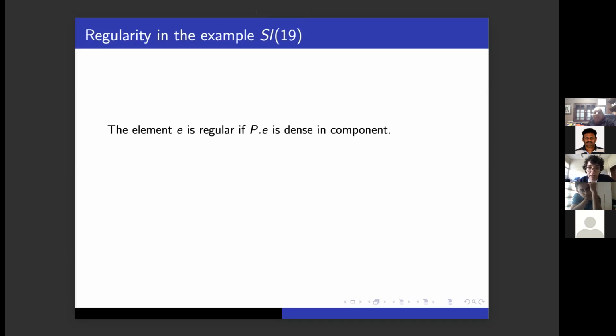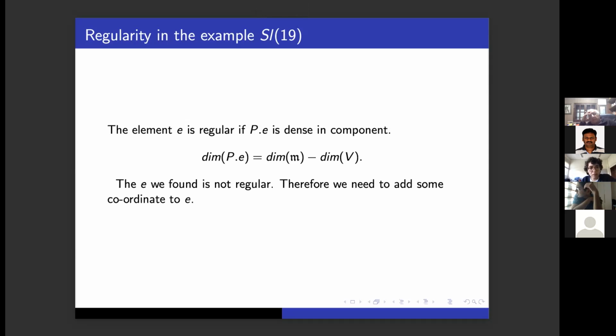And what I mean by regular: E is regular if the parabolic P orbit is dense in a component. Therefore, I would want the dimension of E to be equal to the dimension of M minus the dimension of V. We just saw that. So the E I gave in SNN 19 was not regular.